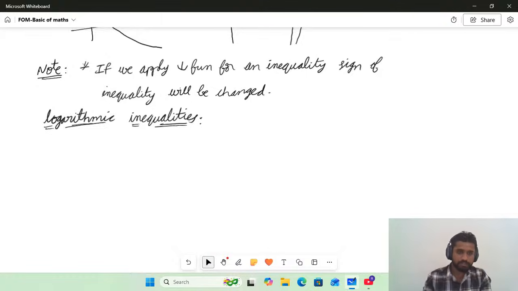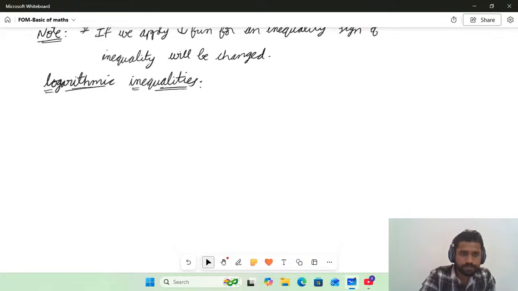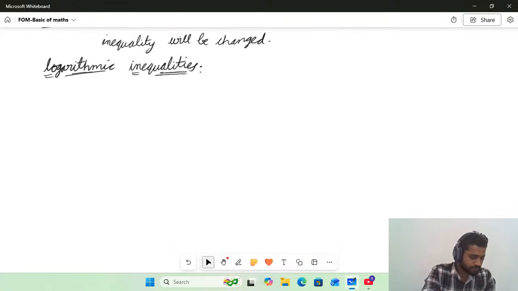Can anyone tell me in the chat box? If an inequality expression consists of a logarithm, it is called a logarithmic inequality. Now, how to solve these logarithmic inequalities? The concept is very simple.